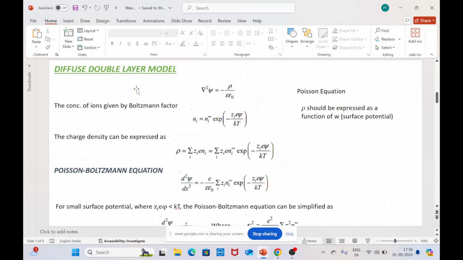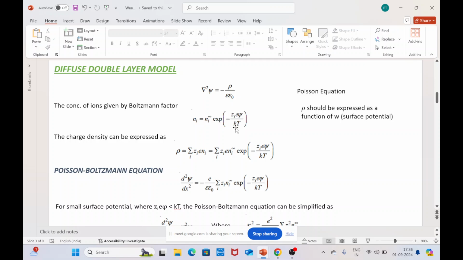Ni is the concentration of your ion in the diffusive layer, and Zi is the valency of your ion. Suppose you have NaCl, which is the best example. Na as well as Cl have a positive and negative charge, Na plus and Cl minus, so they have a charge of +1 and -1.